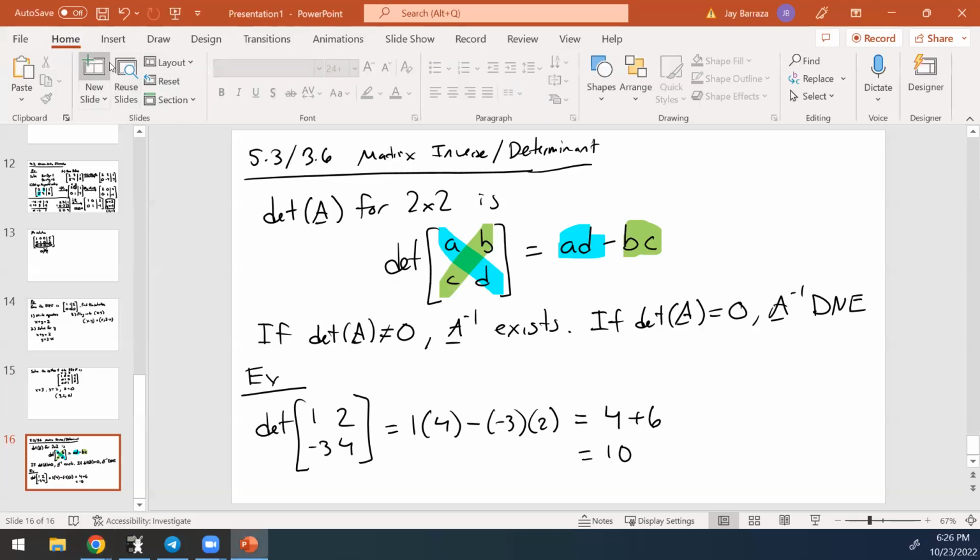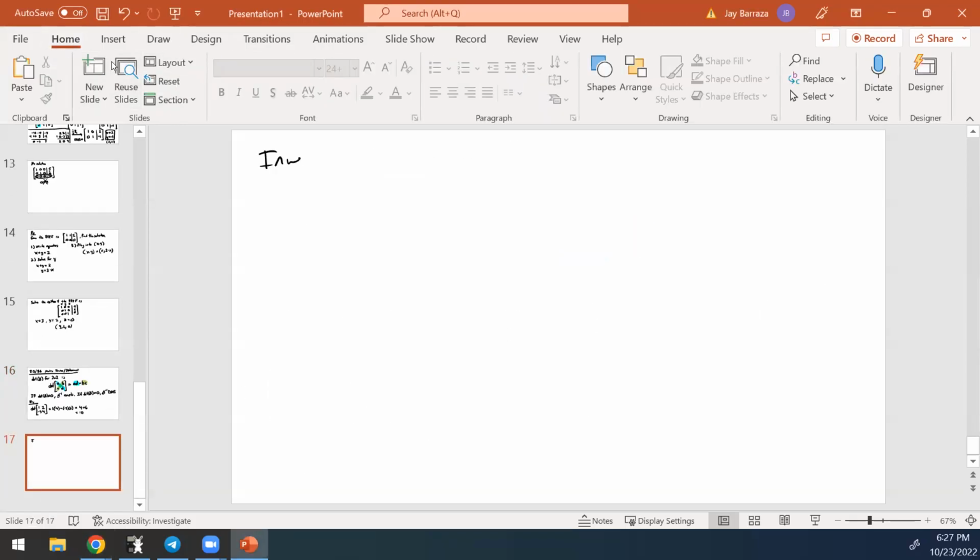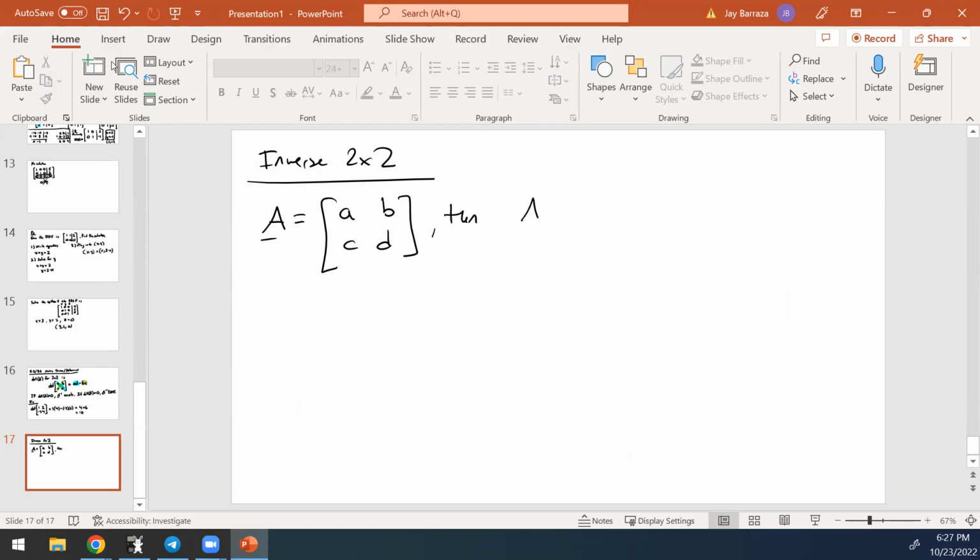All right. And so the inverse of a 2 by 2 is the following. So if A is equal to A, B, C, D, then A inverse is equal to D, A. So I do a swap, and then negative B, negative C. Sorry, I forgot the other part of it.